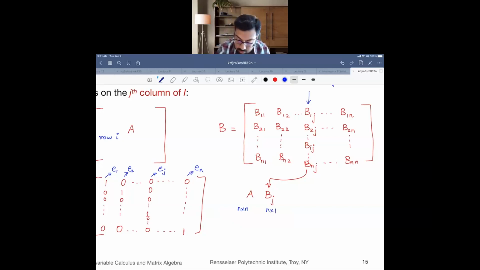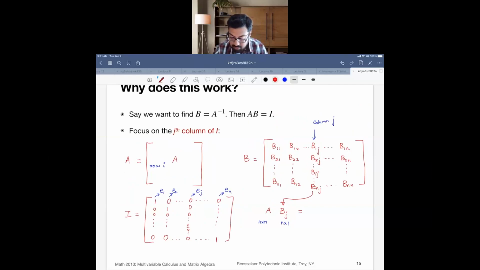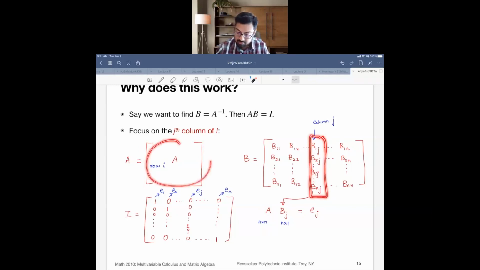What will this equal to? When you multiply A with Bj, A is the entire matrix, Bj is the jth column in B. When you multiply them, you are going to get Ej, right? You can see that you're taking the entire matrix here and you're taking each column here in this. If you take entire matrix multiplied by this, you get that. So that's what we are writing over here.